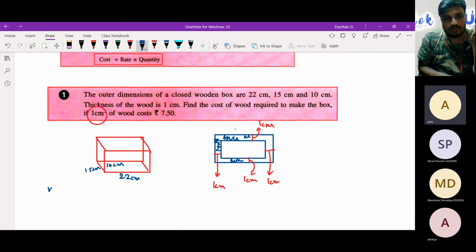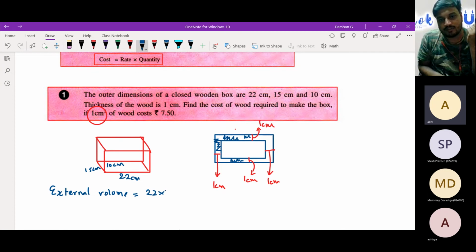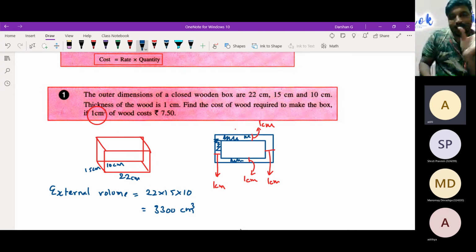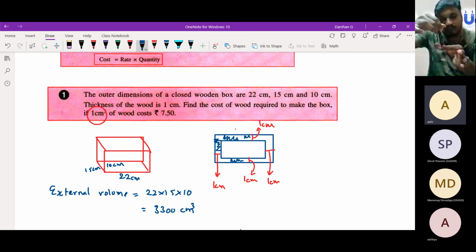Find the external volume. That is equal to 22 times 15 times 10. This answer is very simple. You will find it out. Not an issue on that end. So the answer would be 3300 centimeter cube.